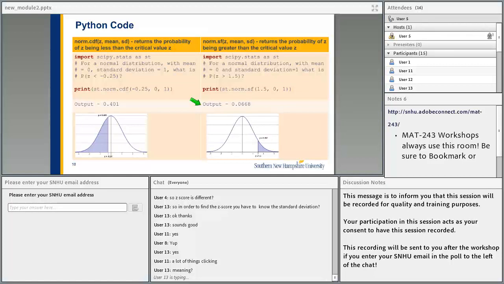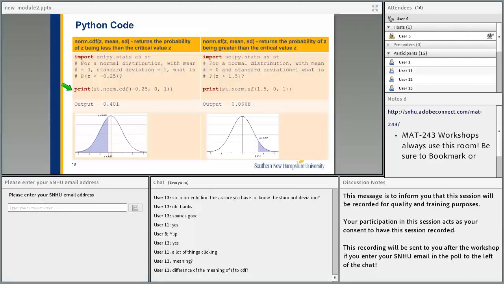The output is 0.0668, which is the area of the purple region. Please make a note of these formulas for calculating the probabilities, because we'll be using them in the next few modules.